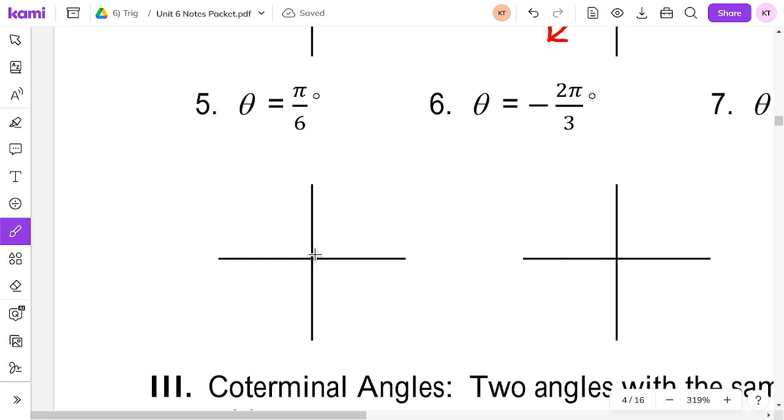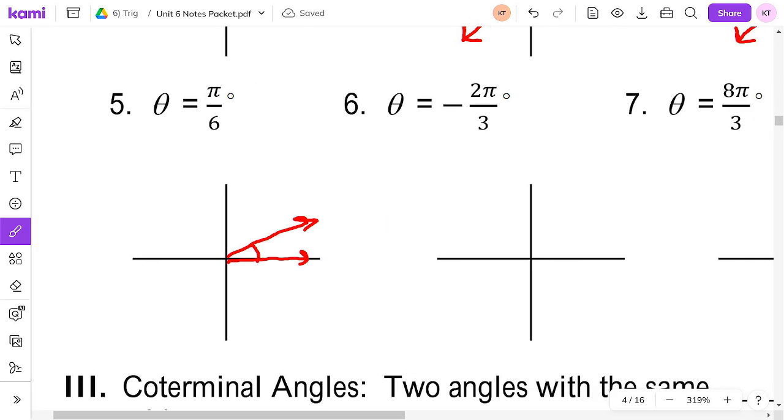So it's going to be in quadrant 1, somewhere around here. And so that's going to be our angle, positive again. Next, we have negative 2 pi over 3. So we're going to be going in the clockwise direction. Now, negative 2 pi over 3, that's going to be less than negative pi, but more than negative pi over 2. So therefore, this one will fall somewhere in quadrant 3.